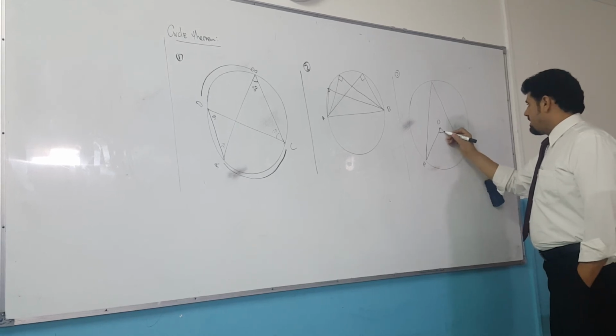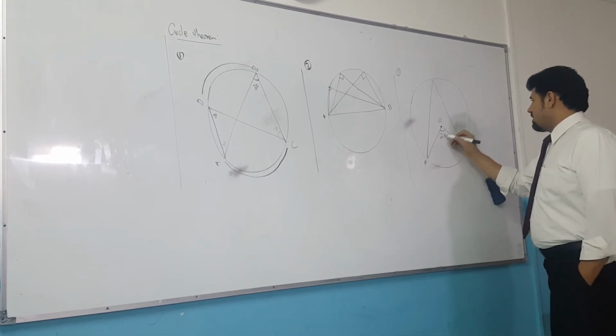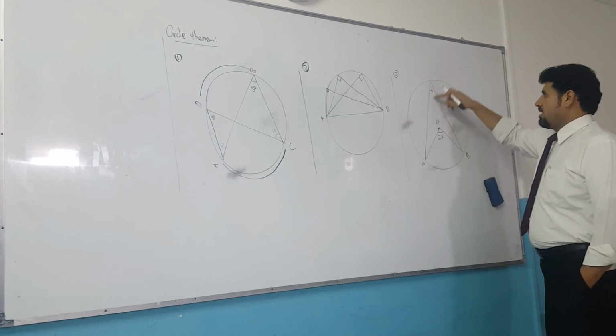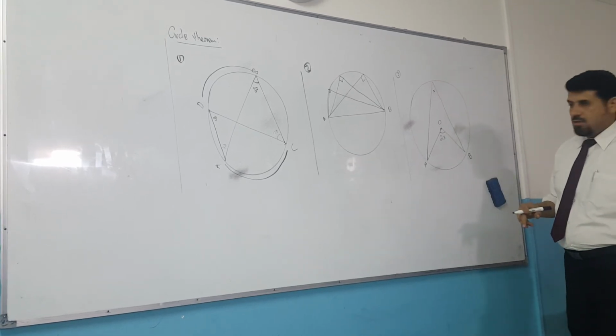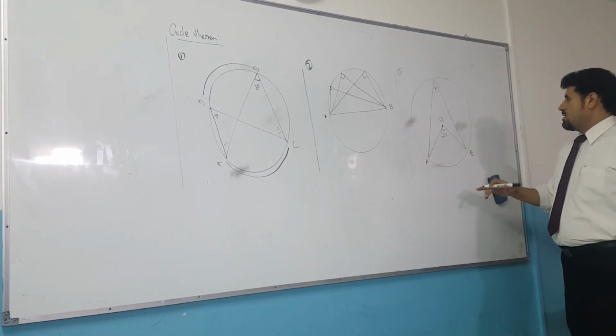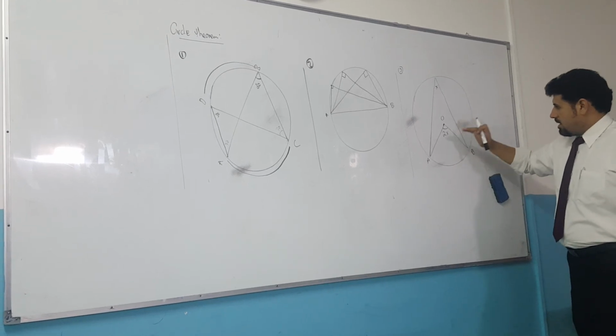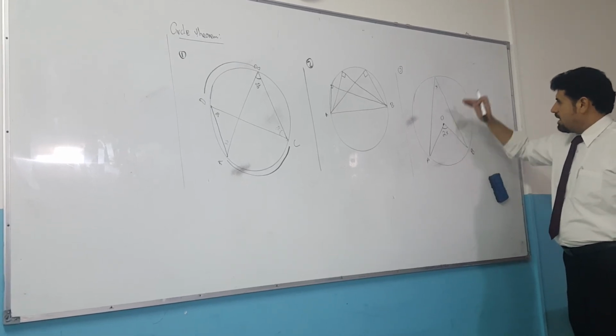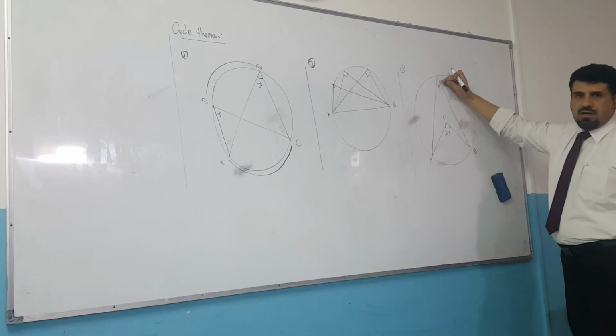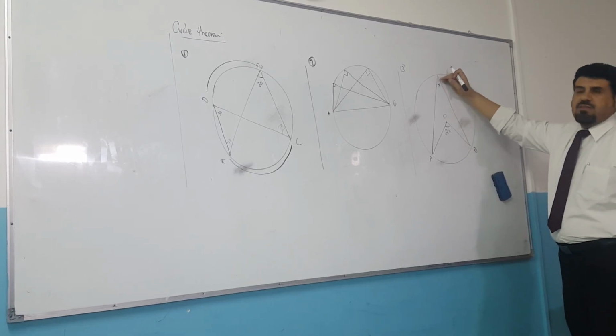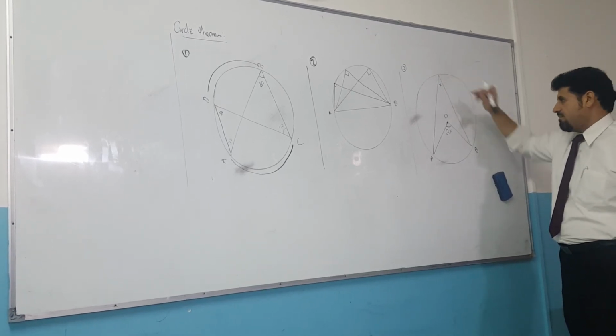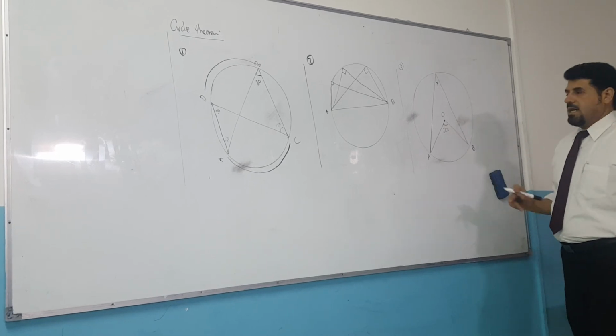the angle at the center is always double the angle at the circumference. Okay? Always. The angle at the center is double the angle at the circumference, or you can say the angle at the circumference is half of the angle at the center.